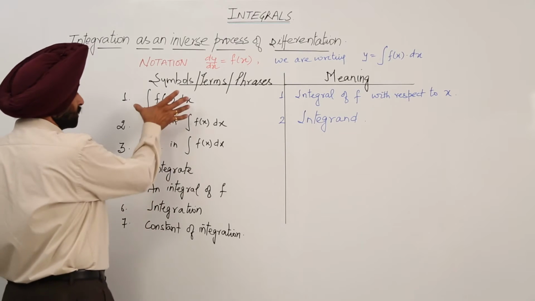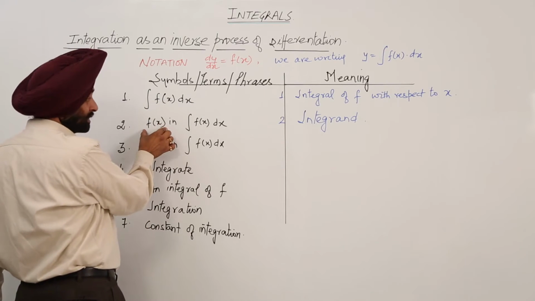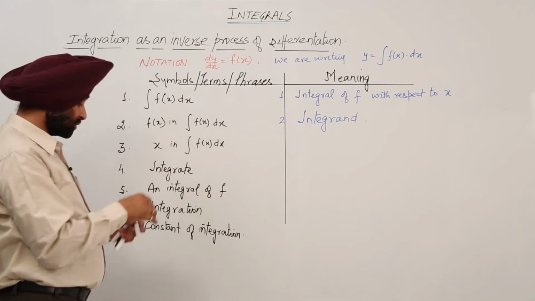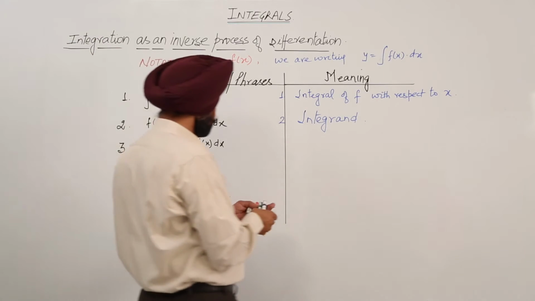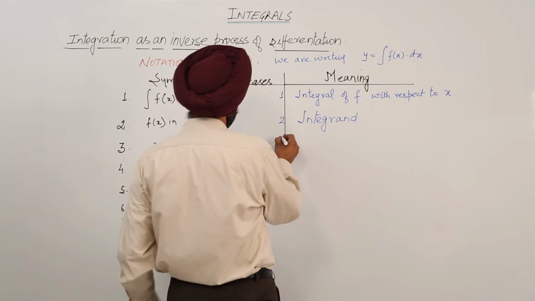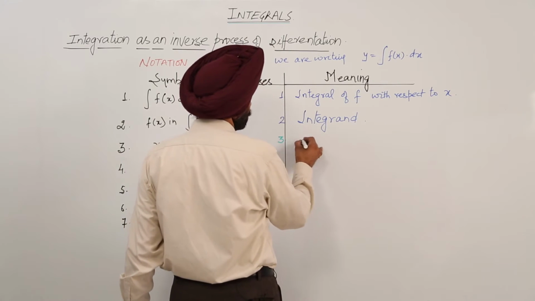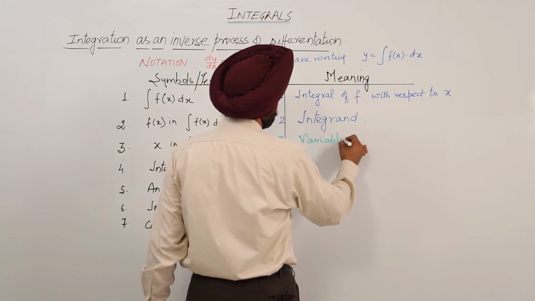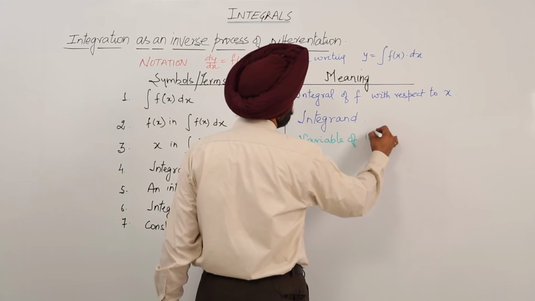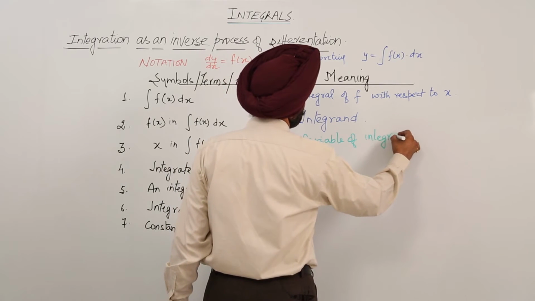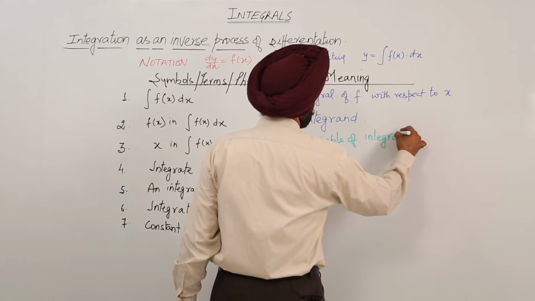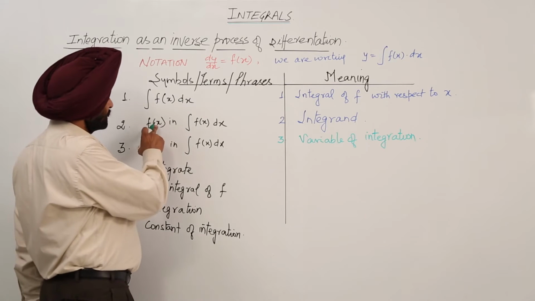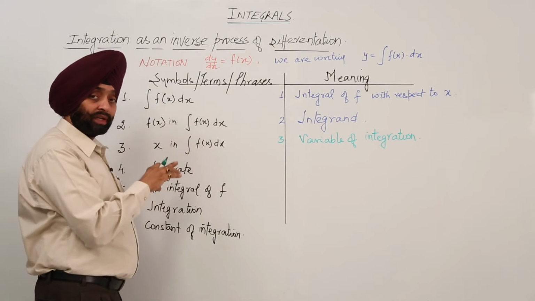We have written the whole term; f(x) is the integrand. What is x called? x is a variable. For number 3, we have the variable of integration. Remember one thing: if we have x here, then here it will be dx.